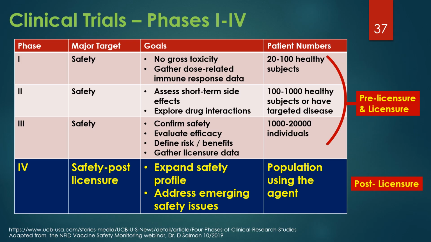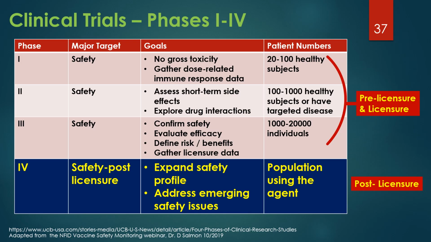Phase 1 to 3 trials are often not of sufficient numbers to appropriately evaluate intermediate or rare adverse events. Due to the large number of study subjects, Phase 4 studies can expand the safety profile of the drug or vaccine by evaluating that larger study group for intermediate or rare adverse events, along with safety in subpopulations.